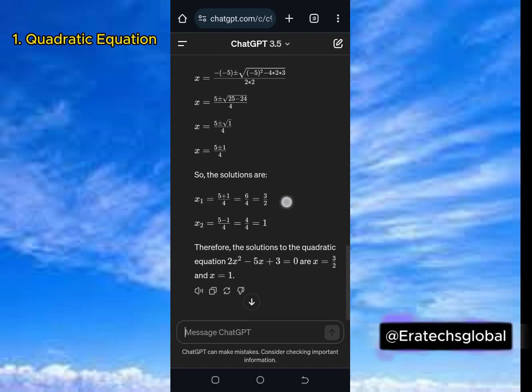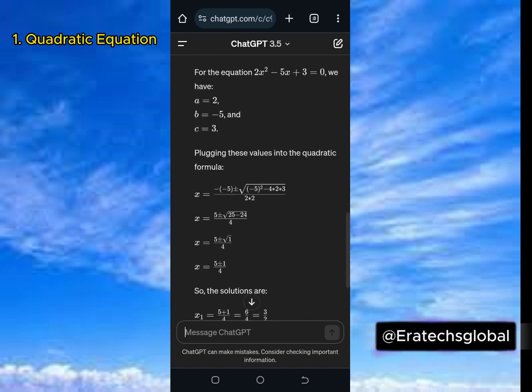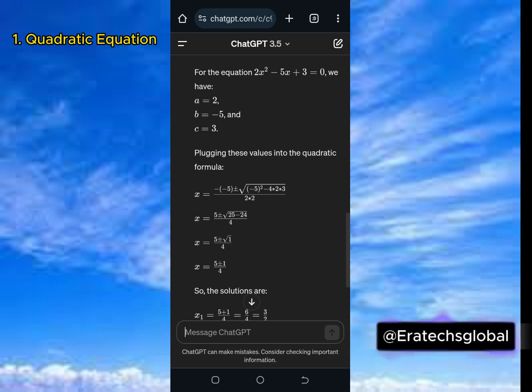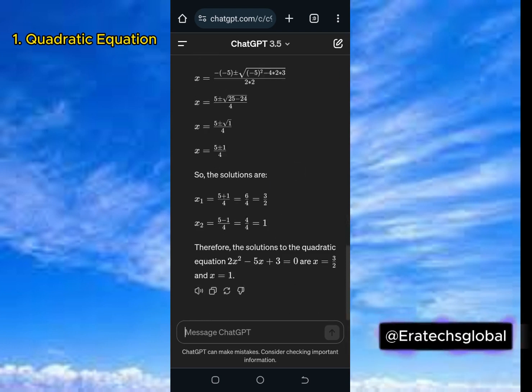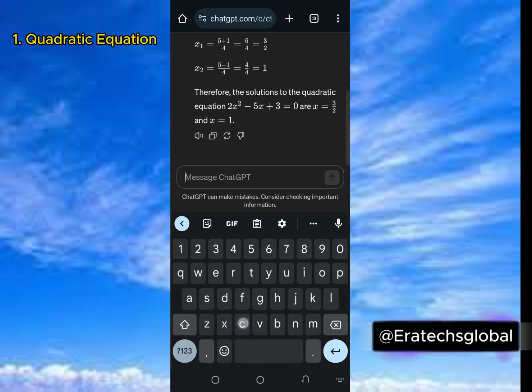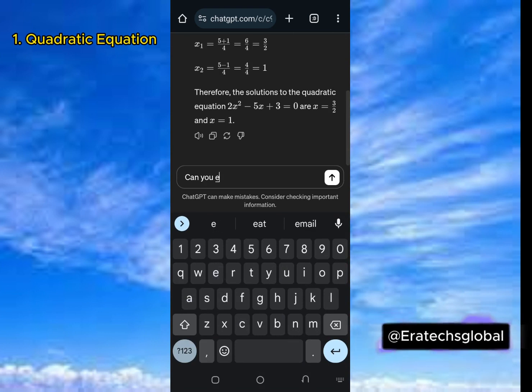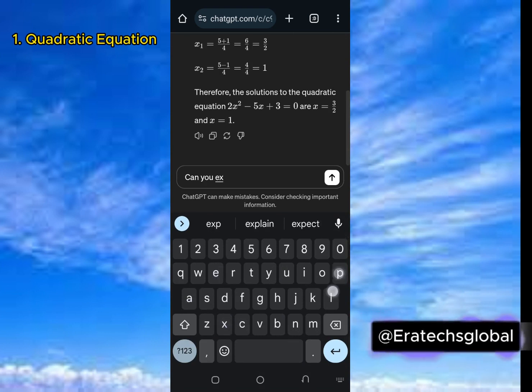Now if you do not know what exactly ChatGPT is doing here, if you're new to mathematics, you can ask ChatGPT, can you explain your arrival? Let's see then.